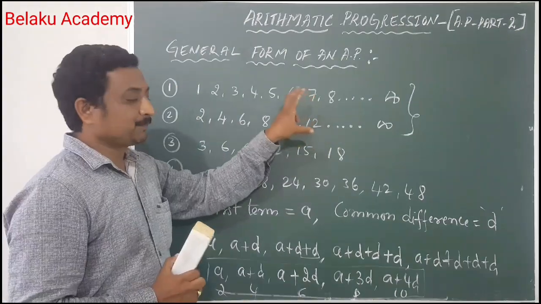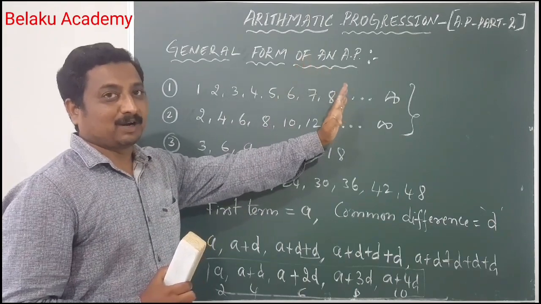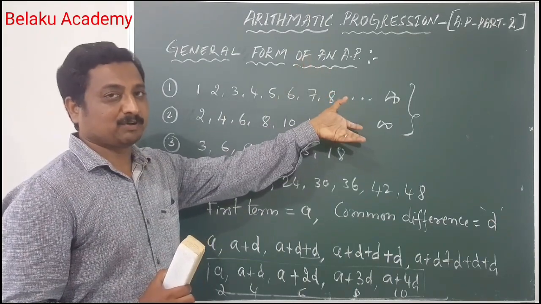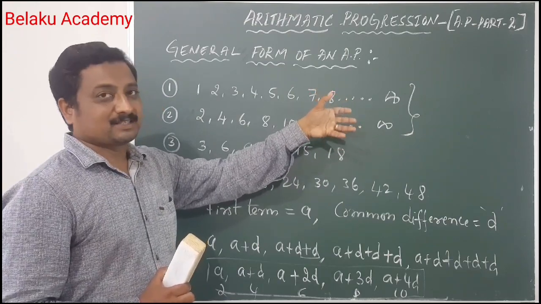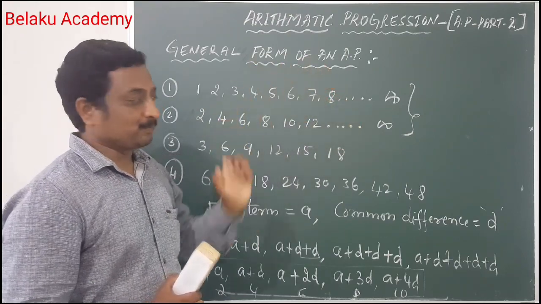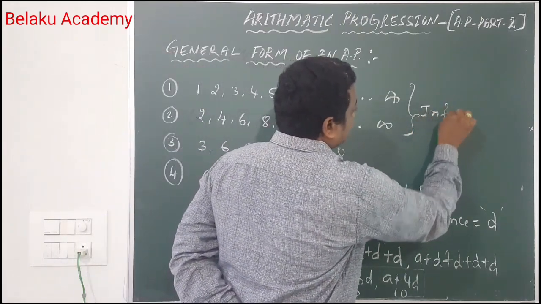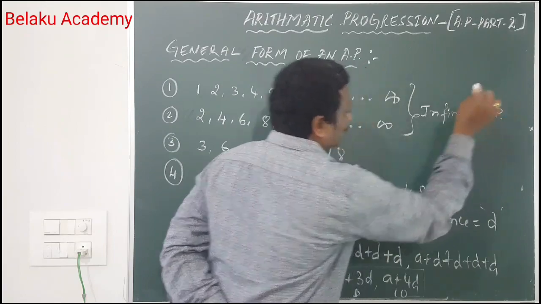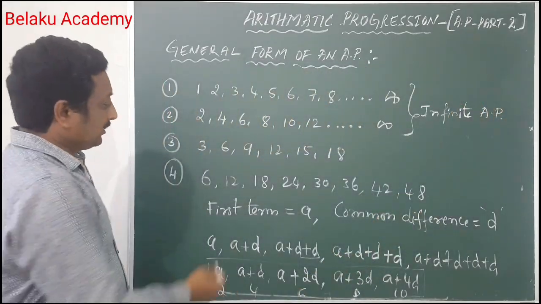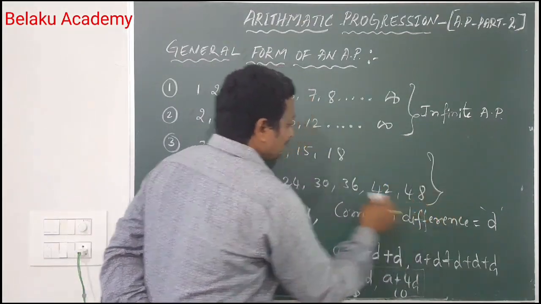The arithmetic progressions which don't have a last term, that means we can't find the last term of those arithmetic progressions, are called infinite arithmetic progressions.